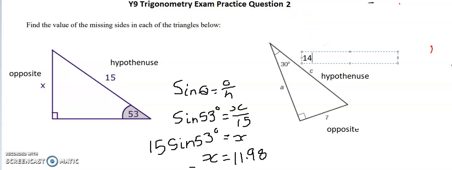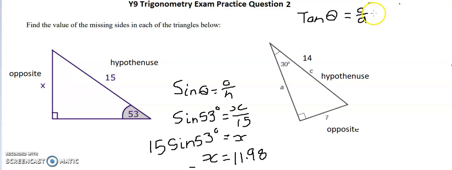Okay. So the next thing that we need to do, I'll just put that down. C is 14. So the next thing we need to do is find our A. To find our A, I'm just going to be using my opposite, and I'm going to be working with tangent. So tan alpha is equal to opposite over adjacent.